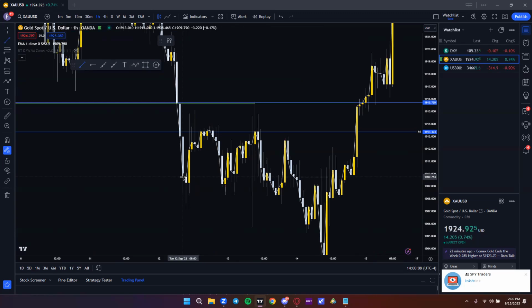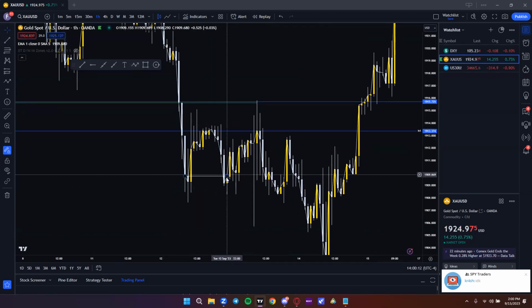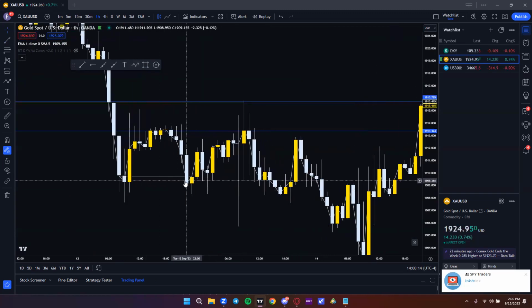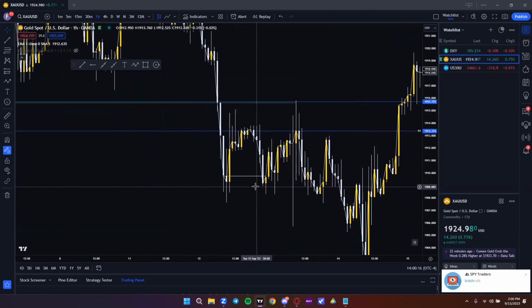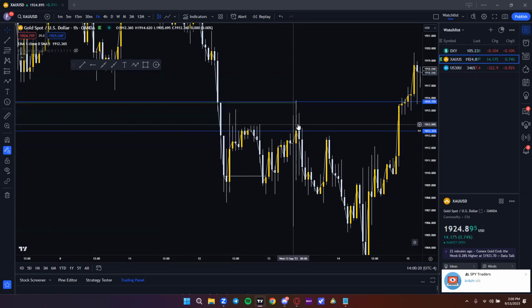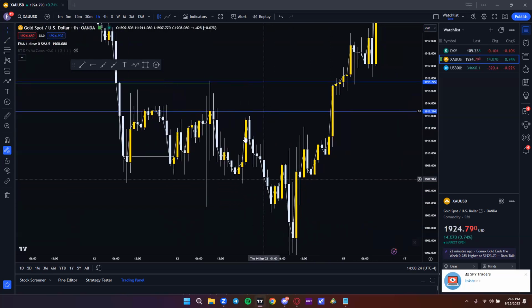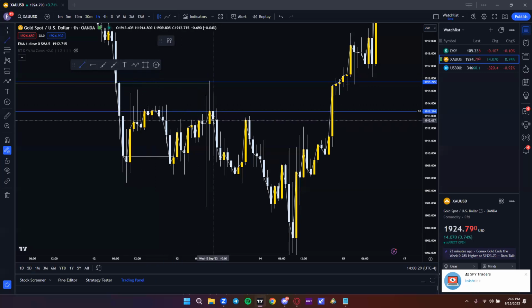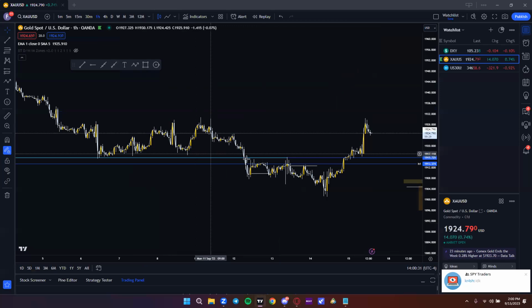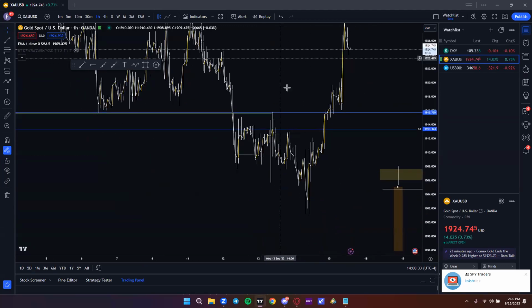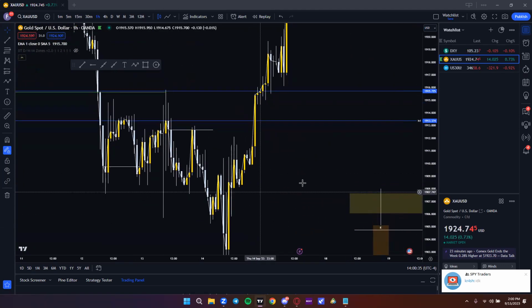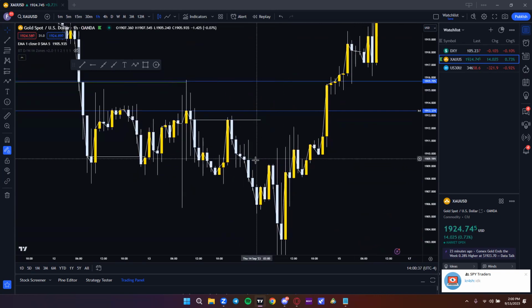What actually happened was it came down, it broke out from this decision level, and then what it did was it came back up to retest the real source level to continue going down. So if you miss this trade, then once you get your direction right, you just look for the next decision level that was created after the breakout.